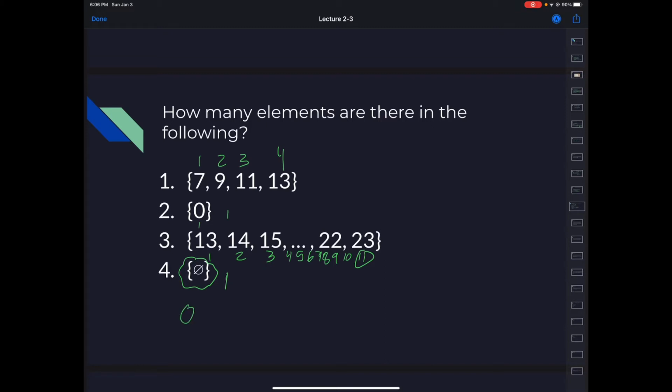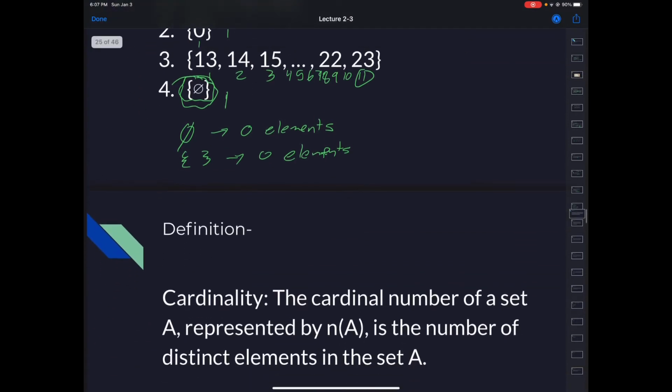Whereas if you just had the empty set without the brackets, this would have 0 elements. Similarly, if you just had the brackets without anything inside, this would have 0 elements. There are a few tricky things, but if you explicitly count the empty set, the general idea is that it is one of the elements in between these brackets. So there is one element between these brackets. Okay, so that is the number of elements.